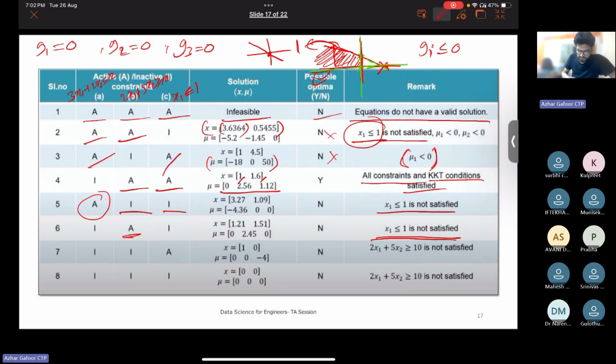Similarly, for the other constraints, if we keep them active, we have another problem. And if we don't keep any of them active, so the point does not lie on any of these lines, and we find the solution, again we are going to get a violation of the constraint. So the KKT conditions have to be satisfied. If that is satisfied, we get the solution.